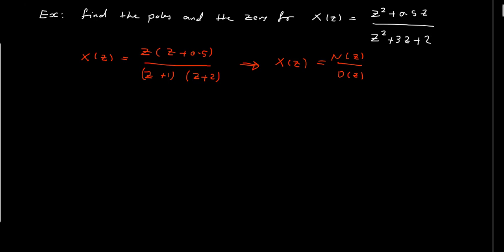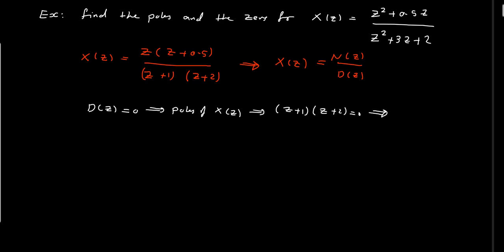The solution of D(z) equal to 0 will decide the poles of X(z). So here (z plus 1) multiplied by (z plus 2) equal to 0.